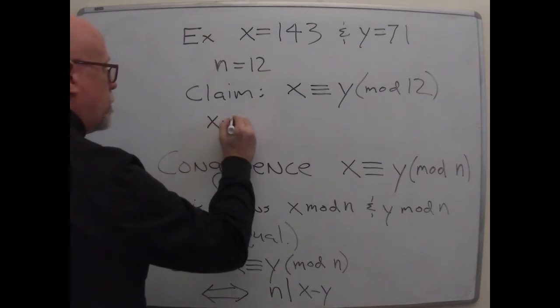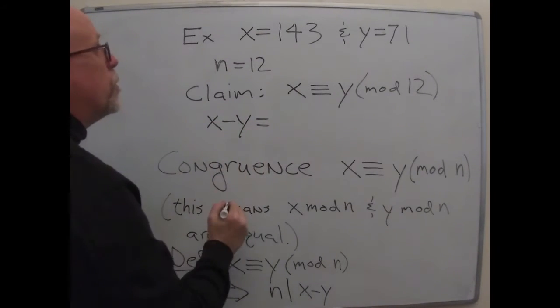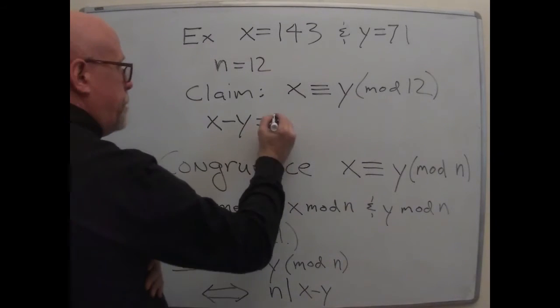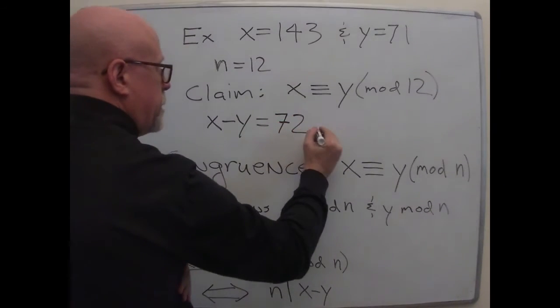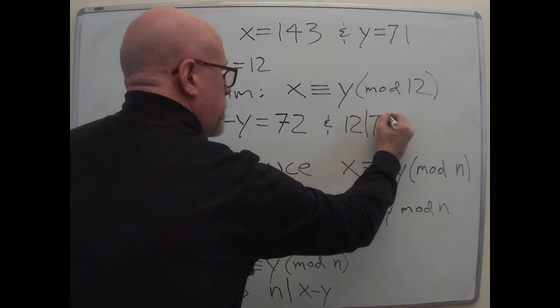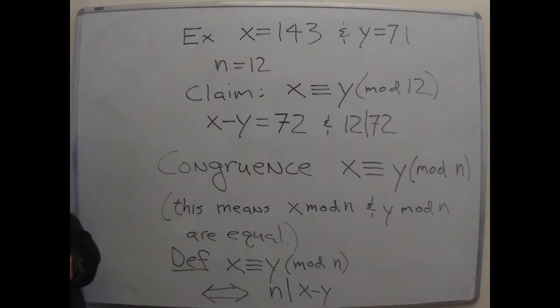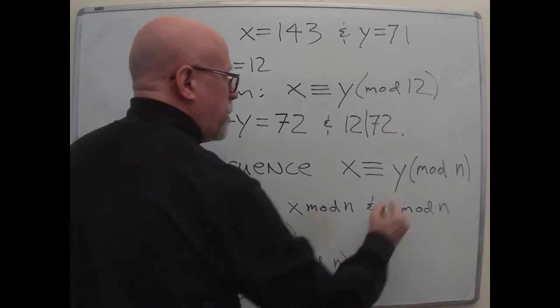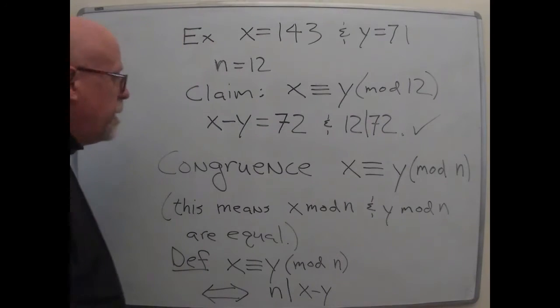Well, x minus y is equal to 72. And 12 does indeed divide into 72. 72 inches is 6 feet. So yeah, that's it. You've just proved the claim. I don't know what to do other than put a period there. Maybe put a check mark saying, yeah, we did it.